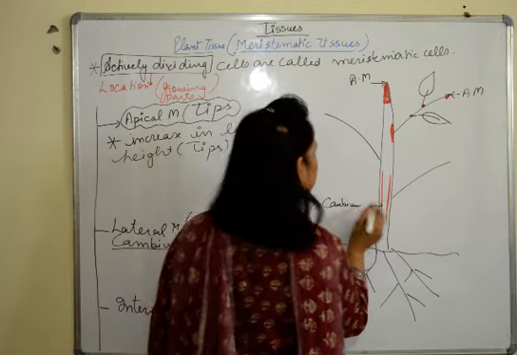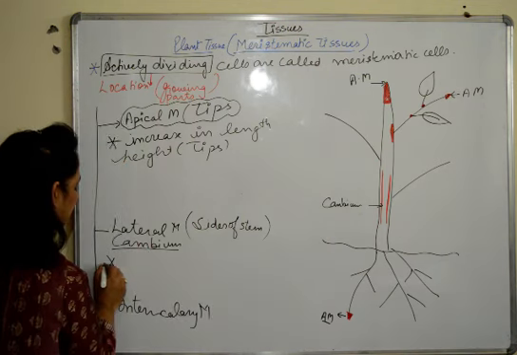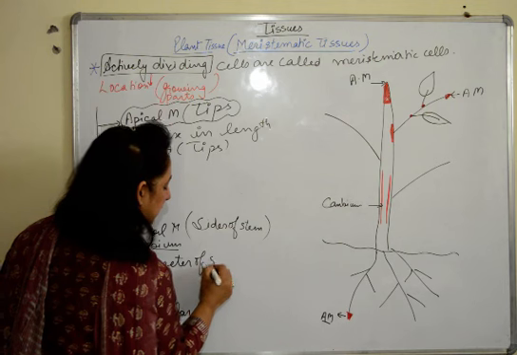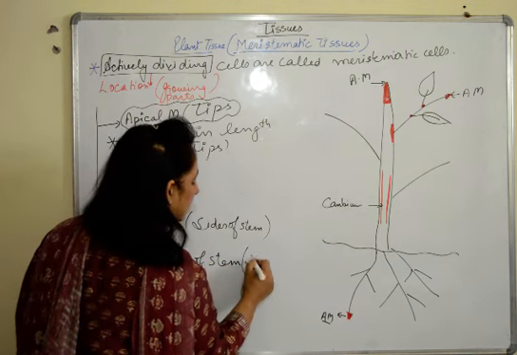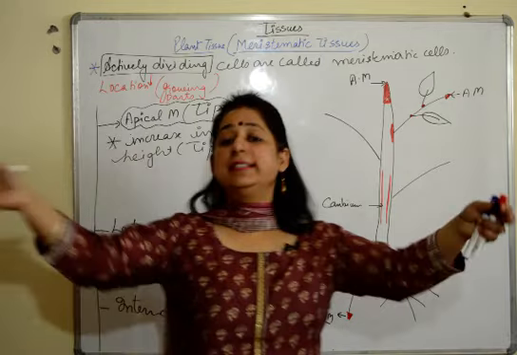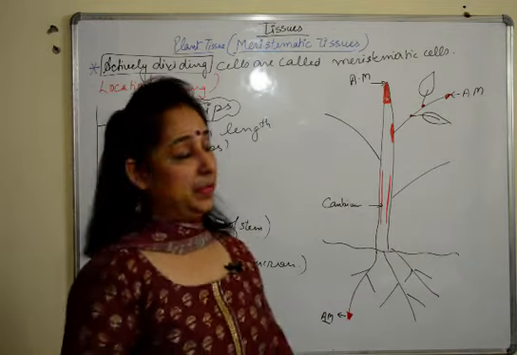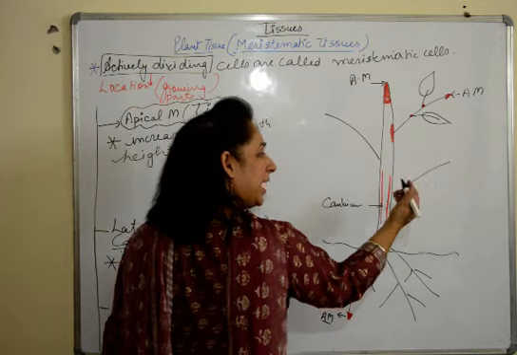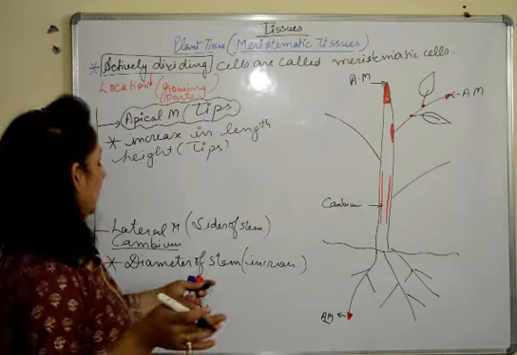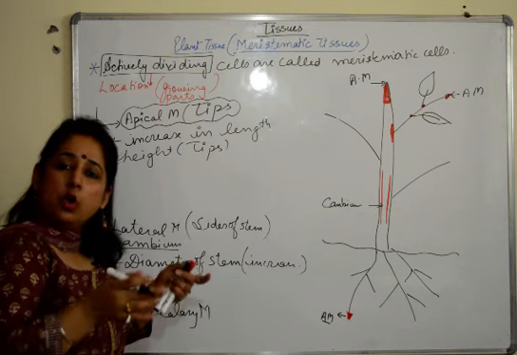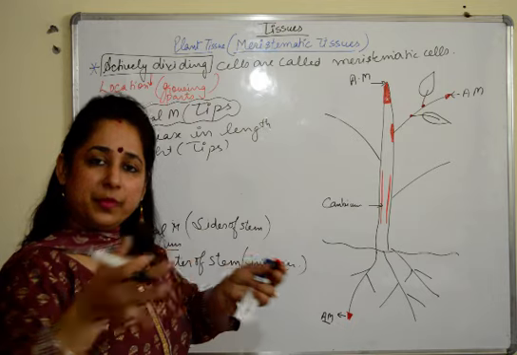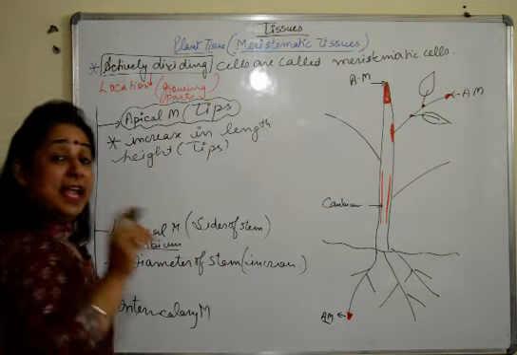It is responsible for increase in the diameter of the stem. That is why it is present on the sides. Again, the diameter of branches also. So wherever diameter has to be increased, lateral meristem is present because it continuously keeps growing on the sides, increasing the cells on the sides for the diameter to increase.